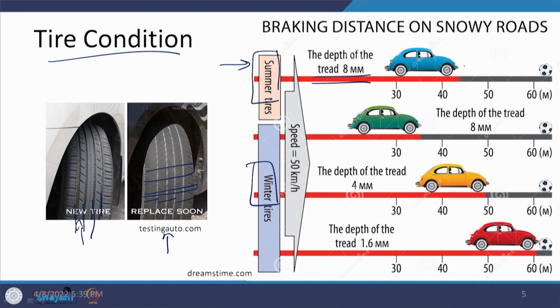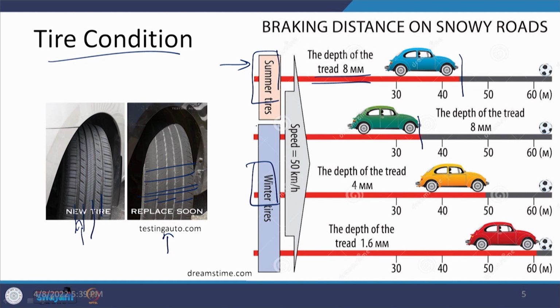And what you see is that in the summer period, for the same conditions of tire and for the same conditions of pavement, it is taking more distance as compared to winter. That means the temperature is also playing a role here.